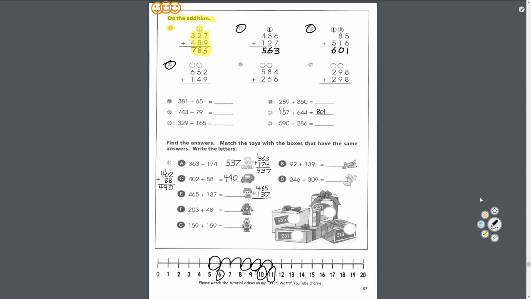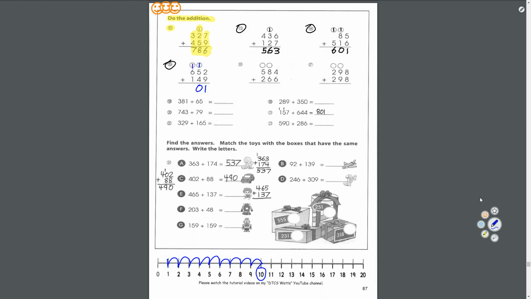Question 15, start in the ones place. 2 plus 9, or we could do 9 plus 2. 1, 2 equals 11. 1 goes here, carry the 1 up here. 1 plus 5 plus 4. 1 plus 1, 2, 3, 4, 5 plus 4. 1, 2, 3, 4 equals 10. 0 goes here, carry the 1 above the hundreds.